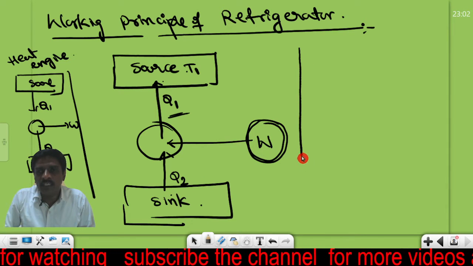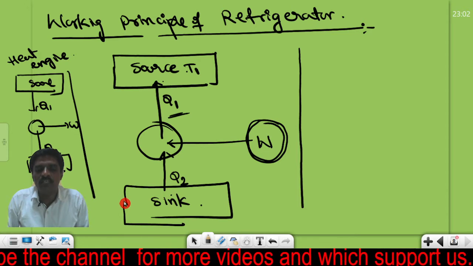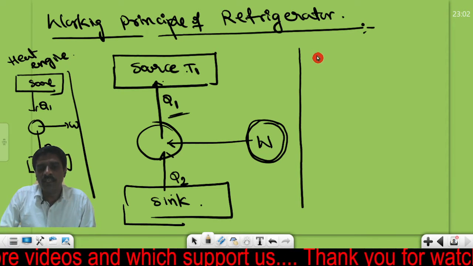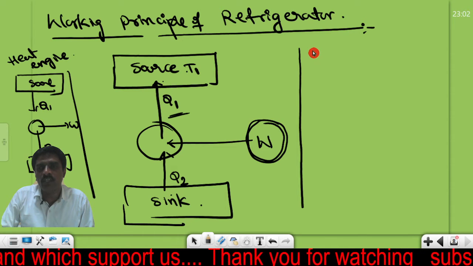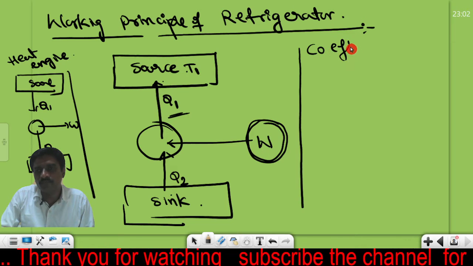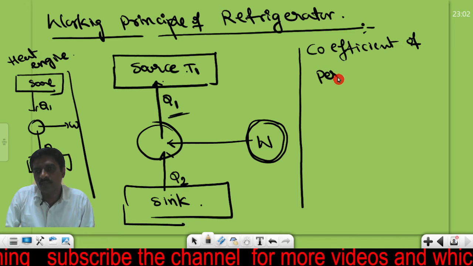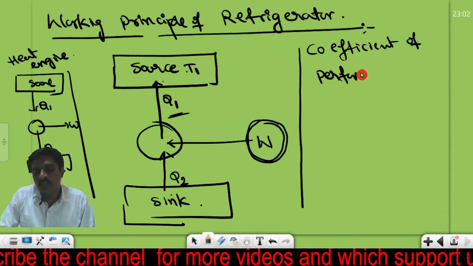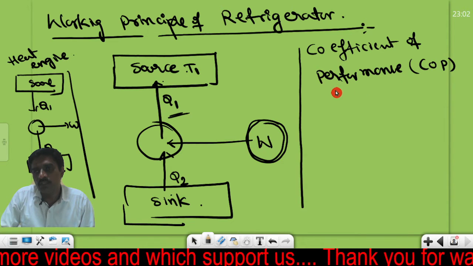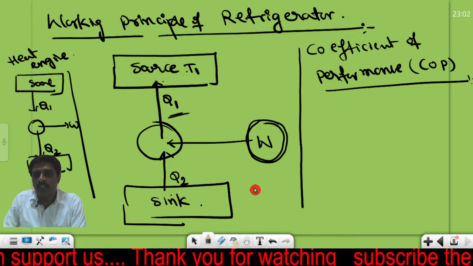In the previous case the thermal efficiency of the heat engine was defined. Here also, the coefficient of performance of the refrigerator can be defined. It is denoted by COP, the coefficient of performance of the refrigerator.